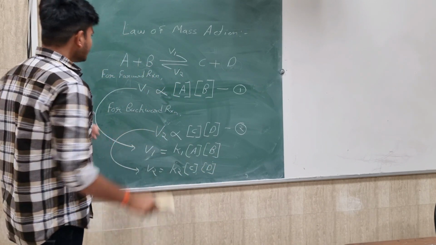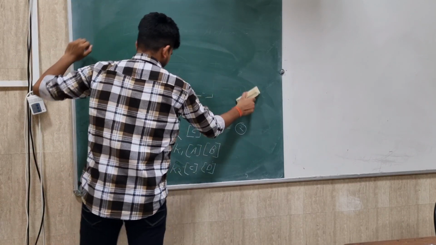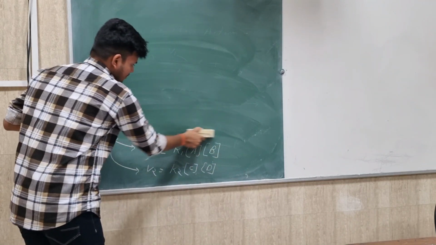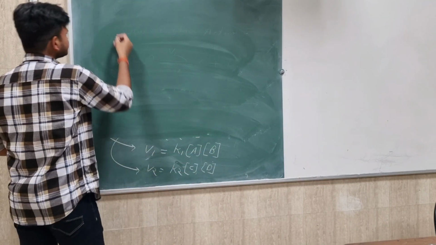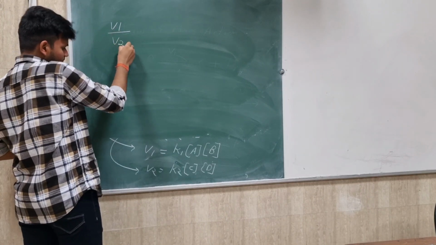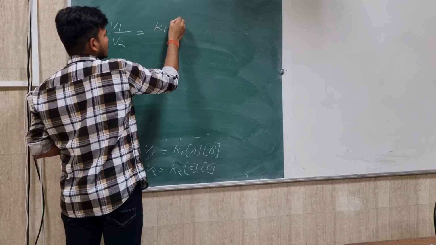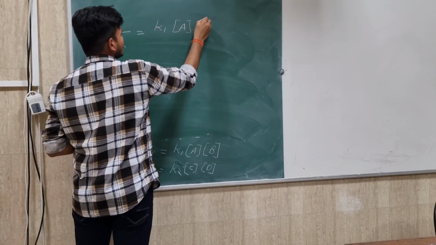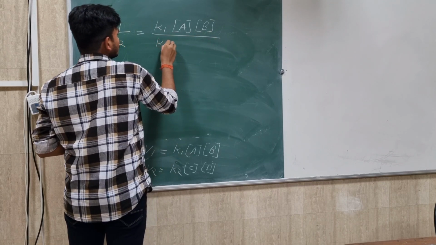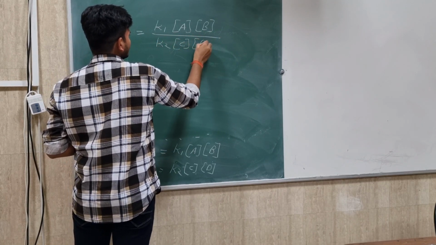Then next step is we can divide it. We divide both equations, V1 by V2 equals K1 concentration of A concentration of B divided by K2 concentration of C and concentration of D.